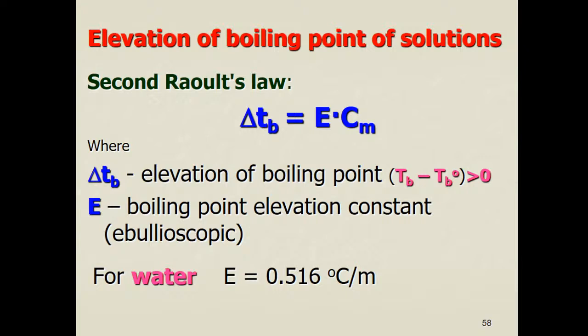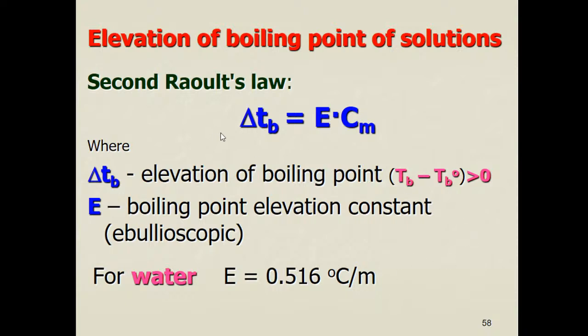The ebullioscopic or boiling point elevation constant depends on the nature of the solvent. For water, for example, it is equal to 0.516, approximately 0.52, though three digits after the point is good and welcome. The unit is Celsius over m, where m is mole per kg.